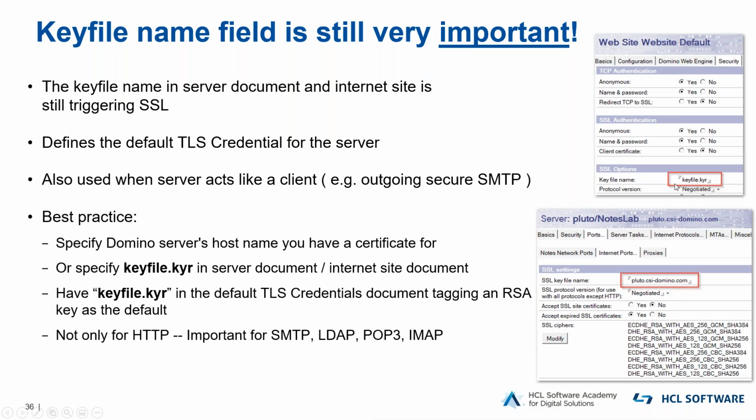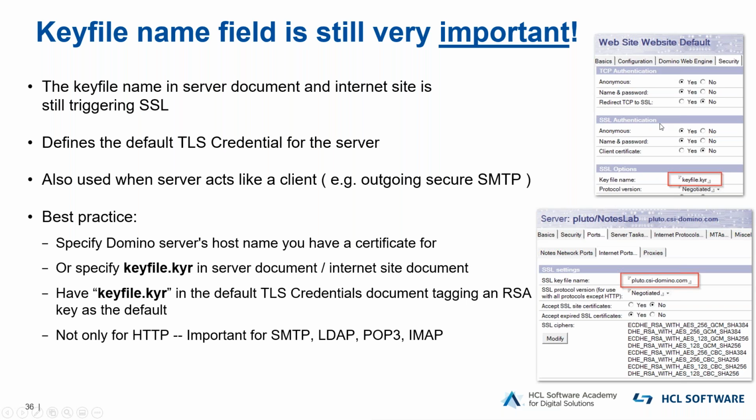And what you should do is, for the one that is the default for your server, put that into the main TLS credential document for your server. You could also specify the host name, right? Those are the two options.